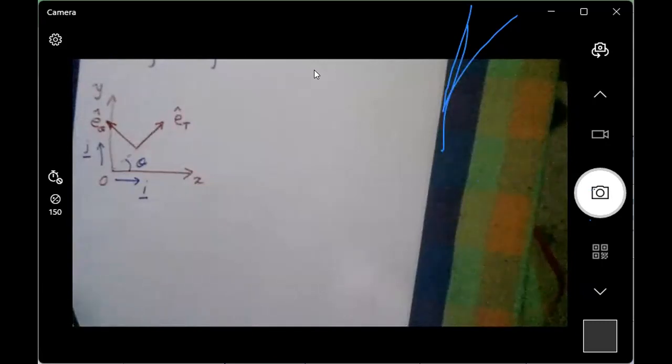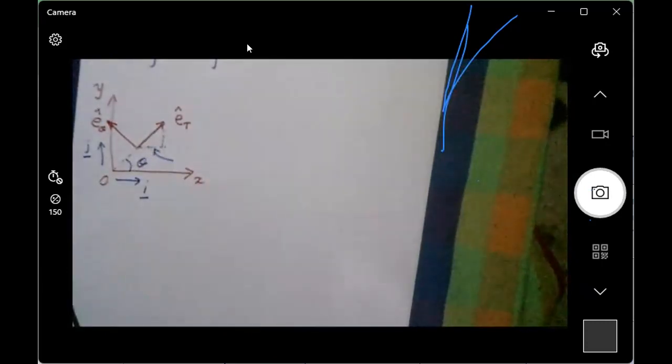Now, what is the relationship between these unit vectors i, j and e r and e theta? The angle between the x-axis and this e r vector will be theta, right?